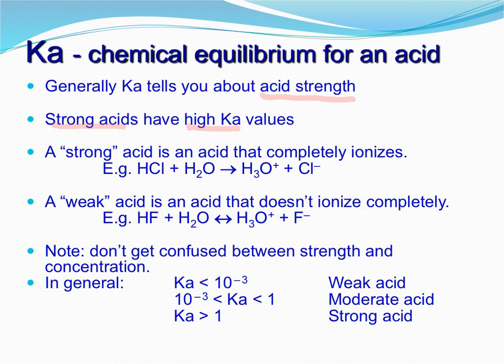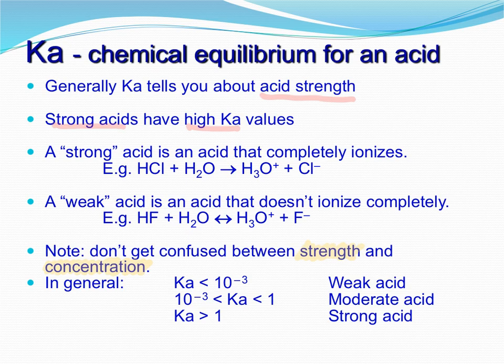Here's a very important thing to keep in mind. There's a difference between strength of an acid and concentration of an acid. Okay, so the difference between strength and concentration. If we're talking about strength of an acid, then the Ka value can be shown the following way.